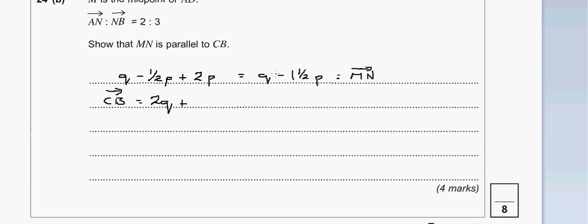So this would be plus 1.5p. 2p take away p plus 1.5p. I do beg your pardon. So C to B is 2q plus 3p.